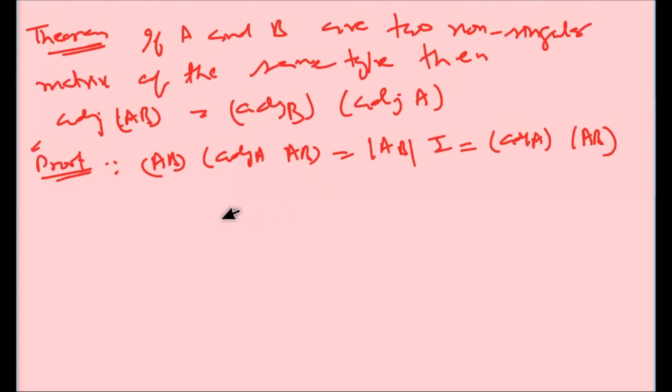Right, now we can write this in this way: AB into adjoint B into adjoint A.